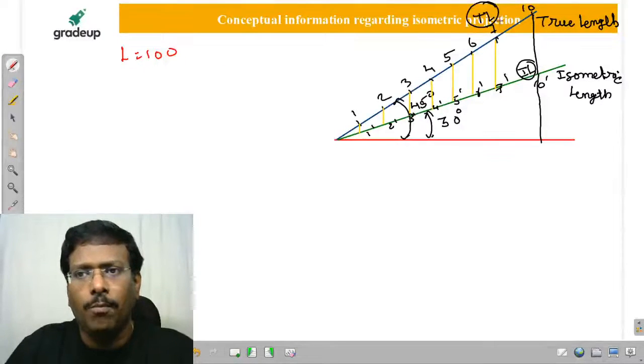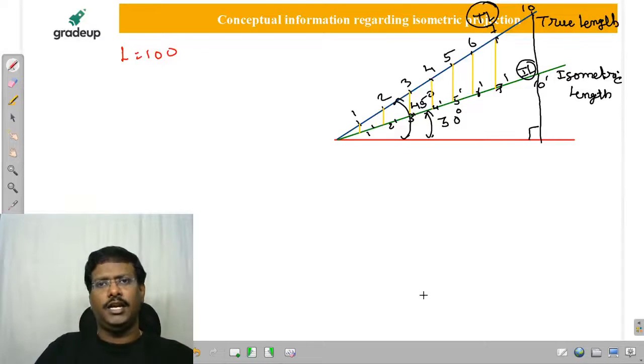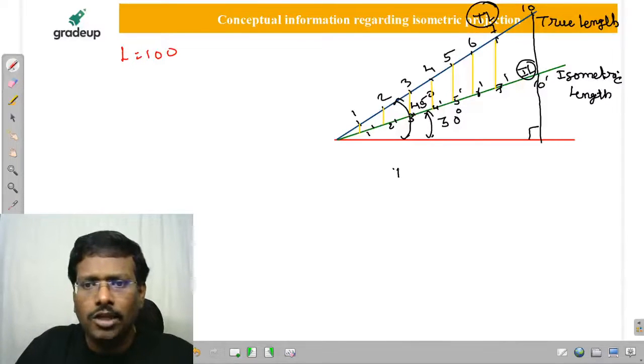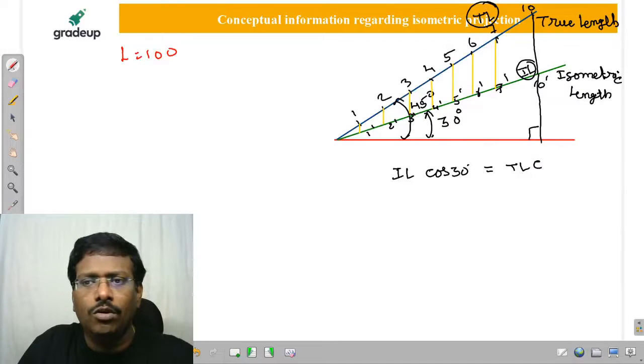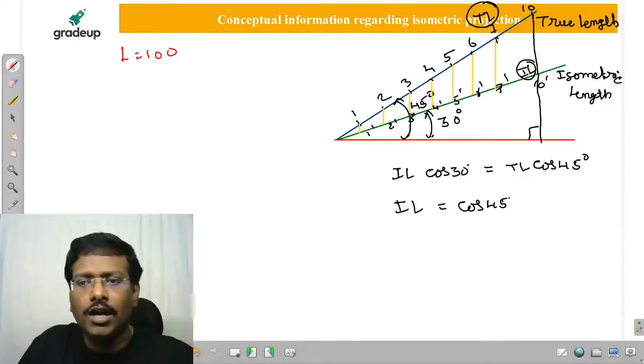How, sir? For both right angle triangles, the 45 degrees right angle triangle and the 30 degrees right angle triangle, the adjacent side will be the same. Therefore, isometric length into cos 30 is equal to true length into cos 45, my dear friends. Therefore, isometric length is equal to cos 45 divided by cos 30 into true length.